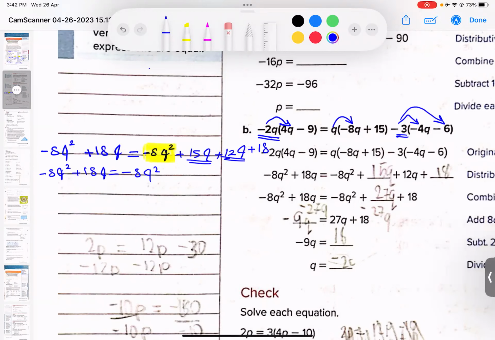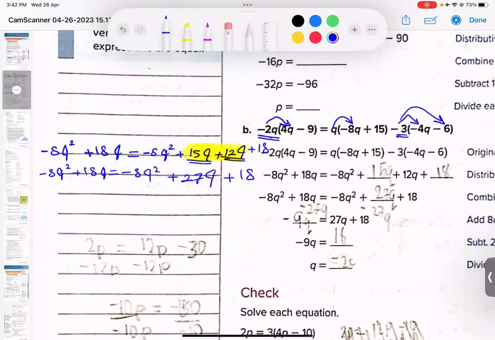I need to add them together because they are similar. I mean, like terms, right? Yes. So 15 plus 12 is 27. Yeah, okay, so let me try to highlight them. So this one's going to be 27q plus 18.